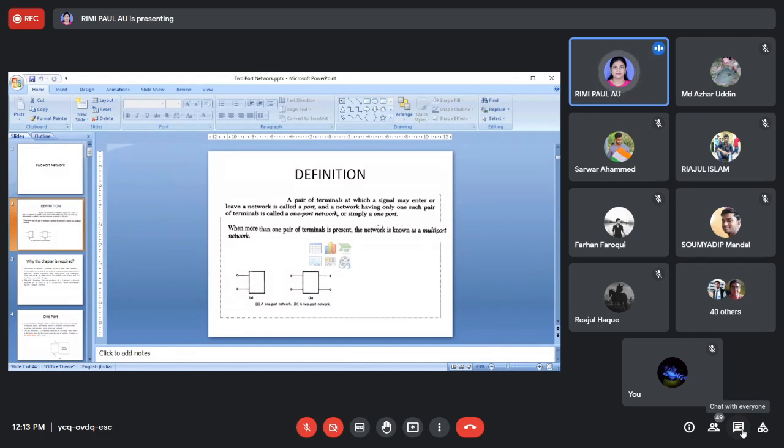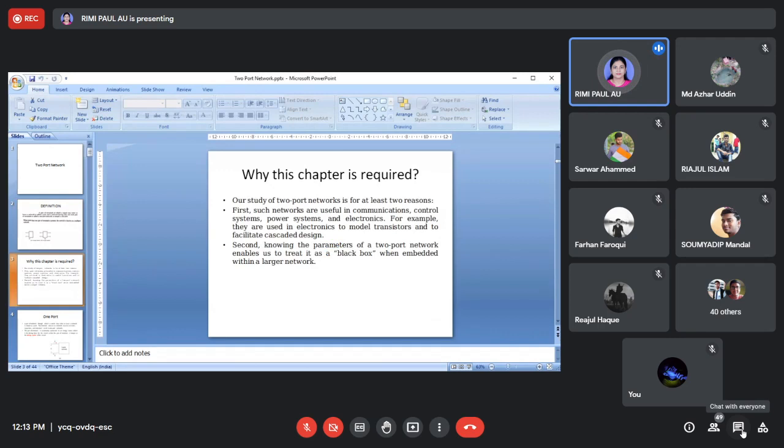You can see that current is entering one terminal and leaving the other terminal. So these two are a pair of terminals at which a signal may enter or leave a network, called a port. When more than one pair of terminals is present, the network is known as multiport.